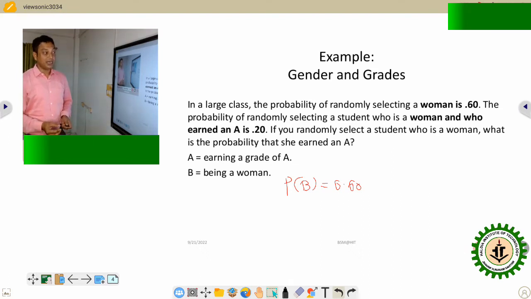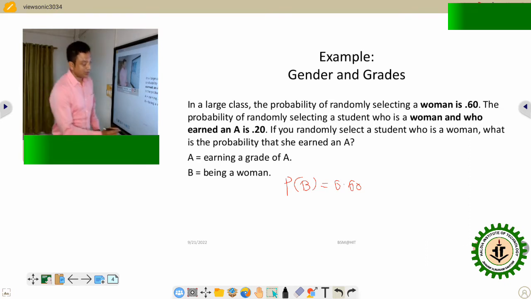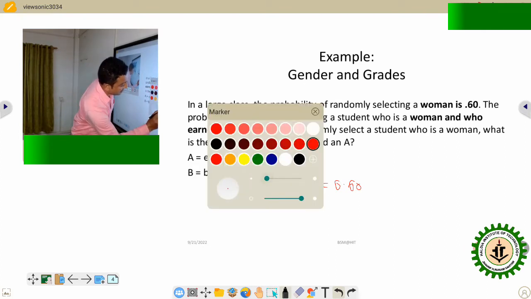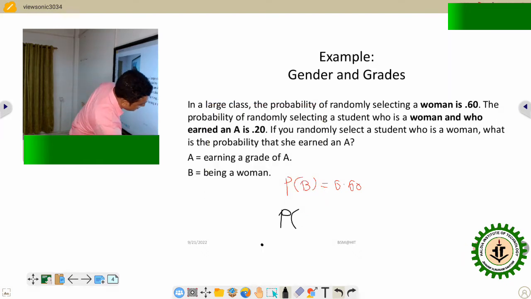So that is the intersection with event B, and if A is earning grade A, then it is A intersection B. Writing this, probability of A intersection B equals 0.20.